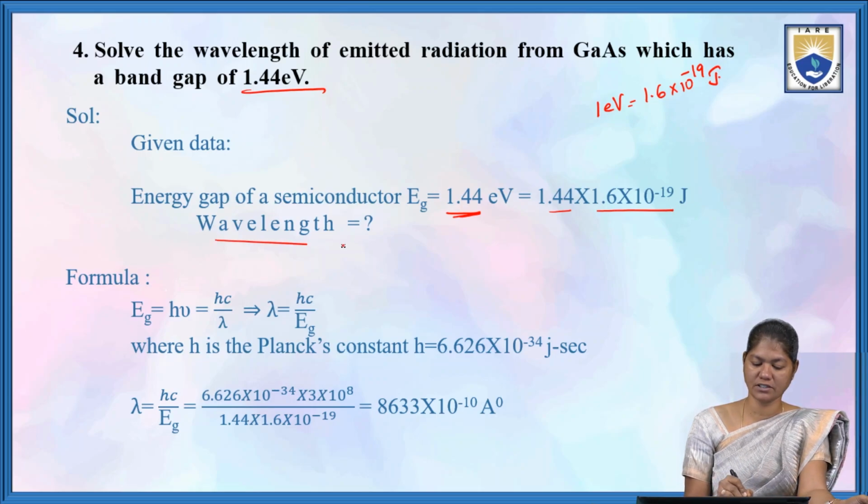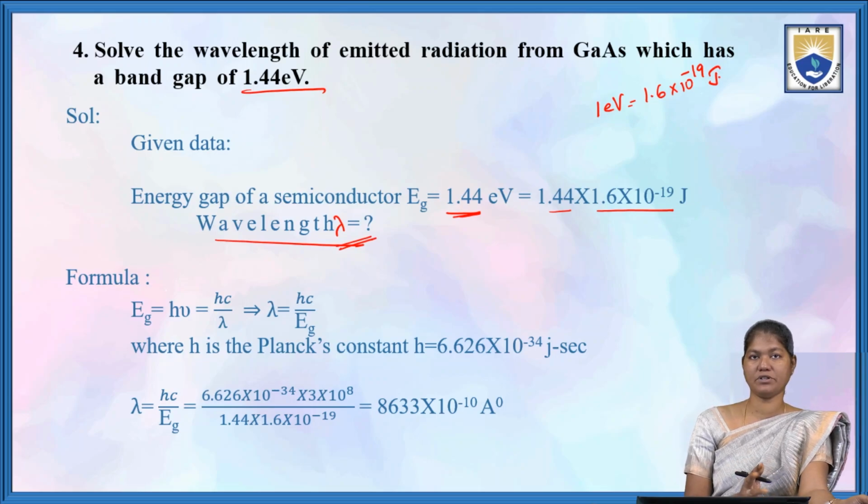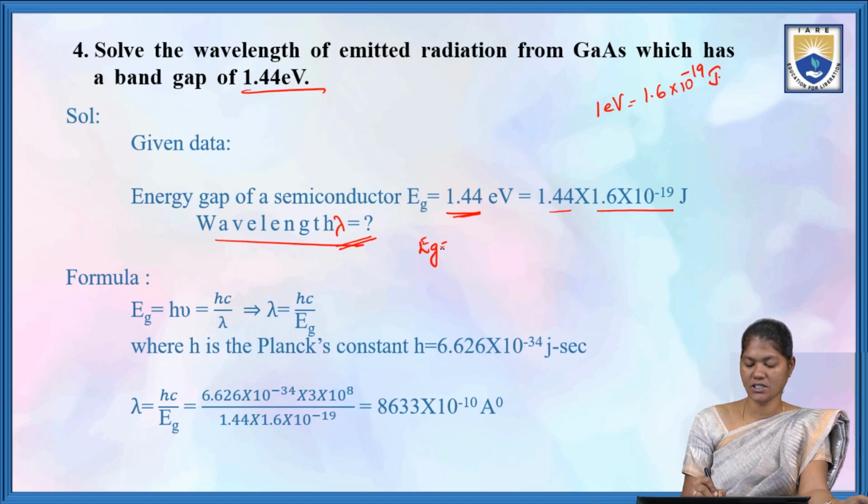So we need to calculate the wavelength lambda. The relation between the wavelength and the energy gap is that the energy gap Eg is equal to h nu, which is equal to h into c by lambda.